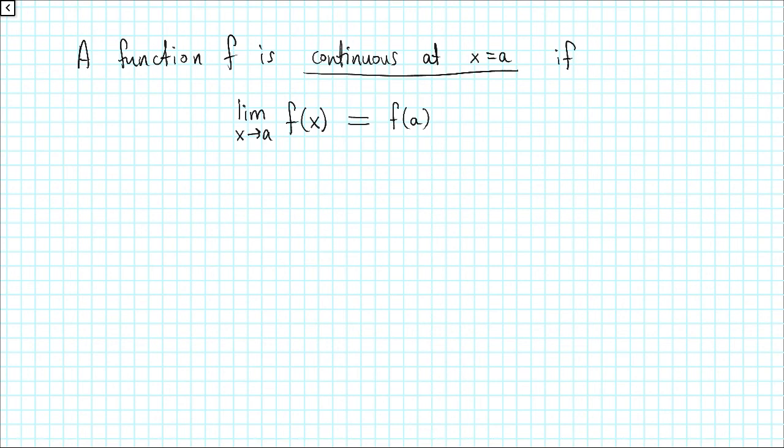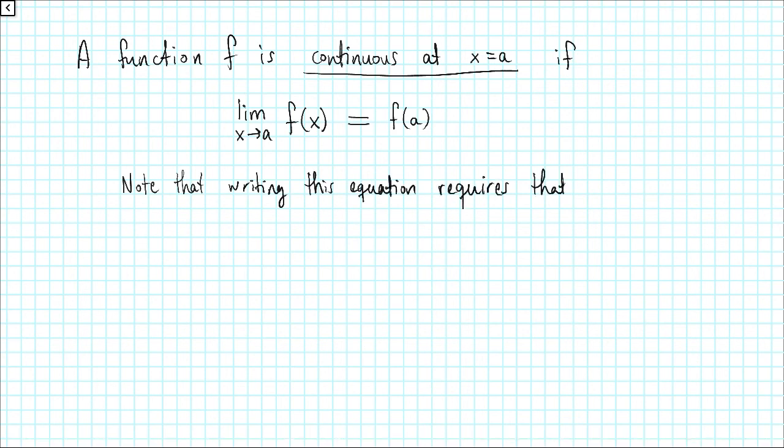Okay, so go back and think about how this is what defines continuity, and those three examples I gave before show discontinuity. Note that writing this equation actually requires that both sides of that equation exist as finite numbers, and that those two numbers are equal to each other.